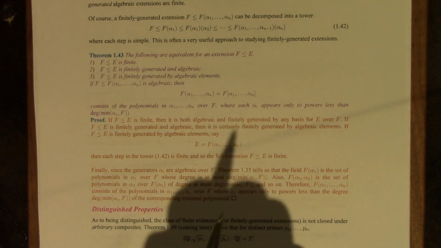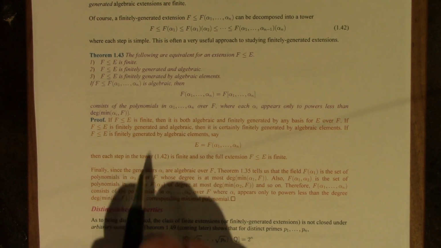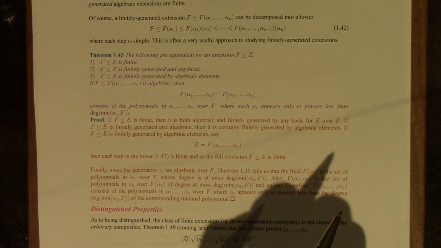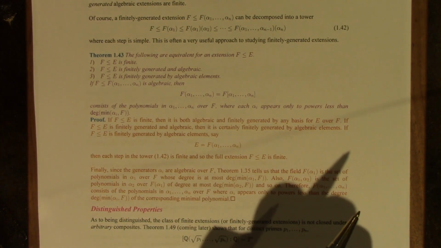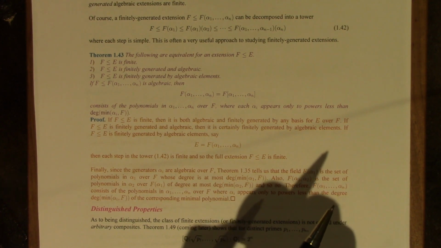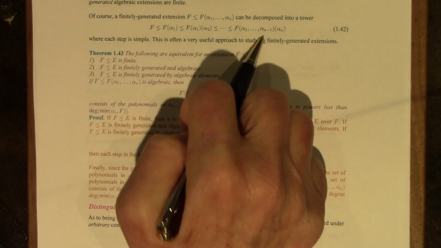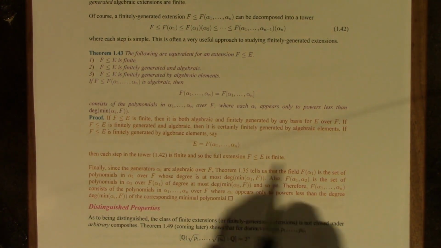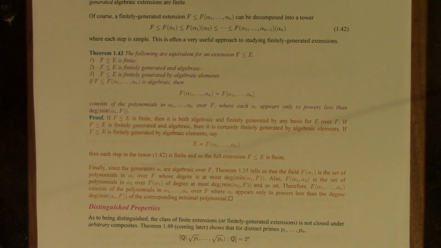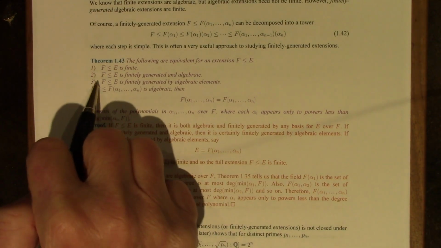Each step in the tower is finite because it's simple and generated by an algebraic element. And therefore, by multiplicativity of degree, the entire extension is finite, the full extension. So that's 3 implies 1.